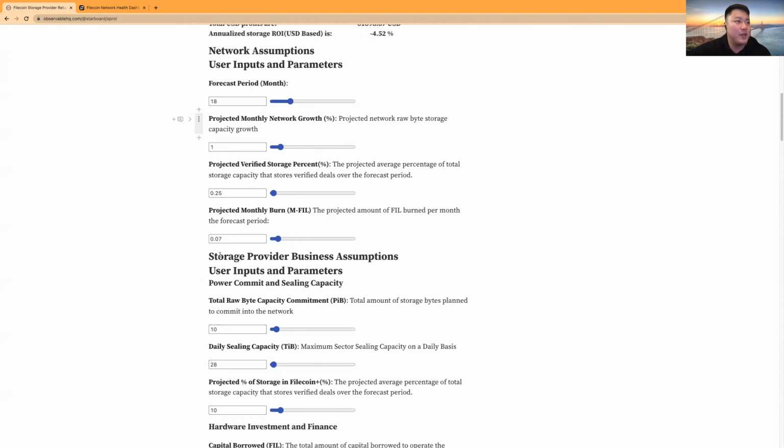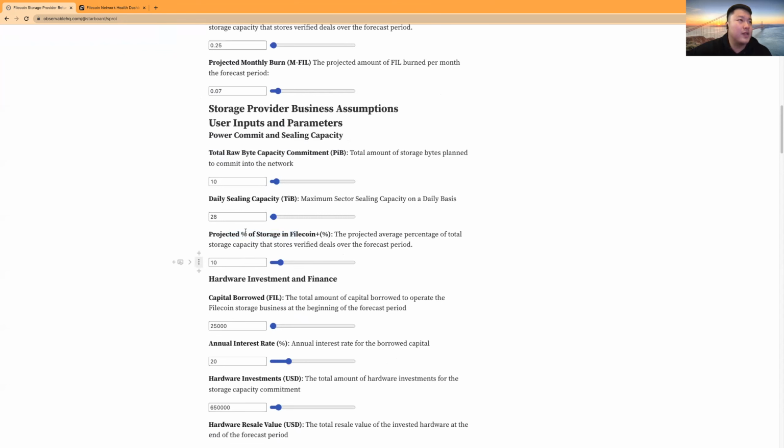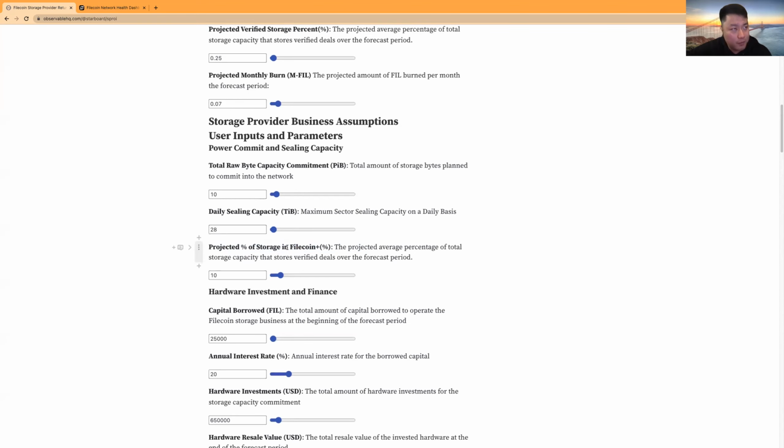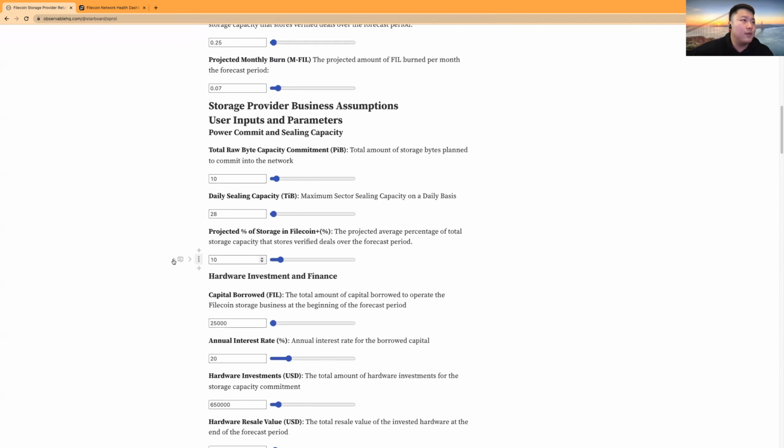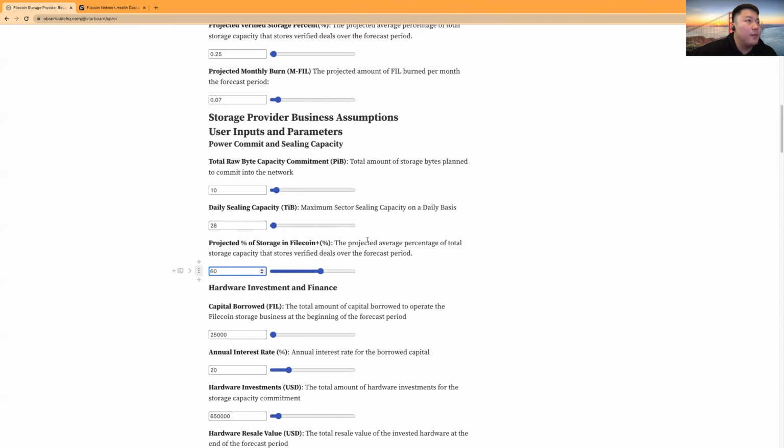It's actually a variable of the ratio between your own storage fill plus deal percentage against the entire network. So if you set this to something like 60, that boosts it up as well.